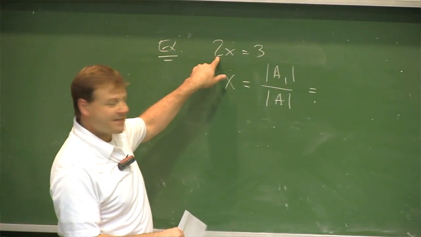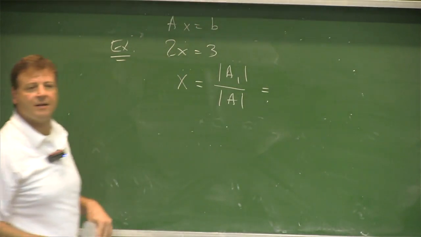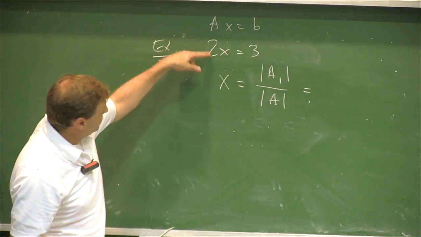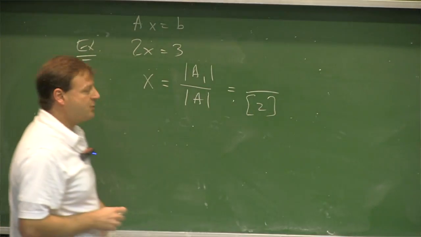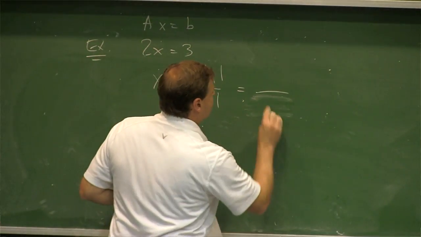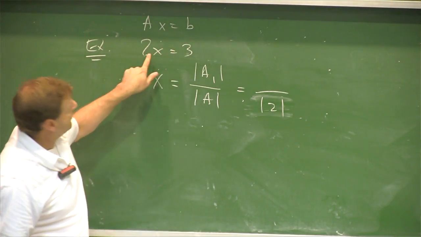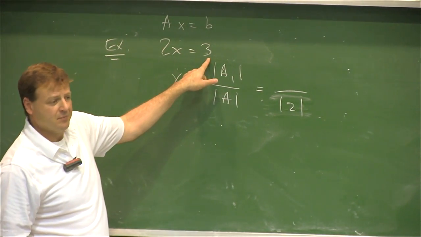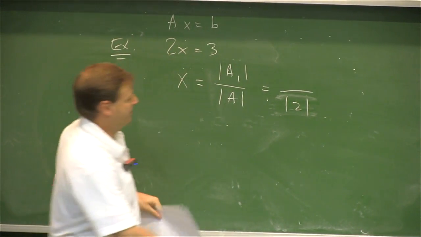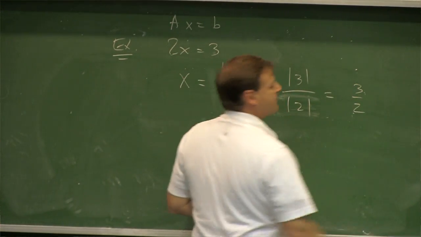A is this, right? This is the A right here. This is Ax equals b. In this case, A is just a 1 by 1 matrix. I should put the determinant there. And then what's A1? That means I take b and I replace the first column of A with 3. But there's only one column to begin with. So that's the determinant of 3, which is 3/2.